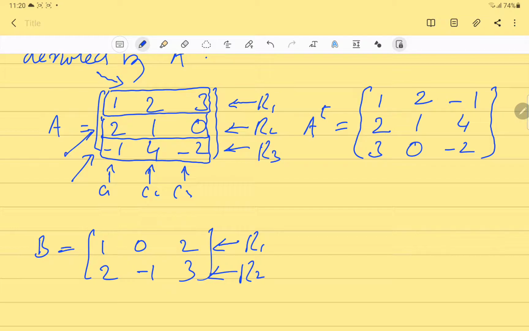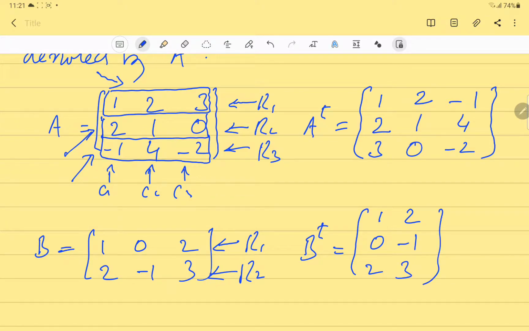Now we will pick up the entries of row 1 and place them in the position of column number 1. So transpose of B is equal to 1, 0, 2. These are the elements of row number 1, which we are putting in the first column. Now we will pick up the elements of row number 2 and write them in the place of column number 2. So it will be 2, minus 1 and 3.